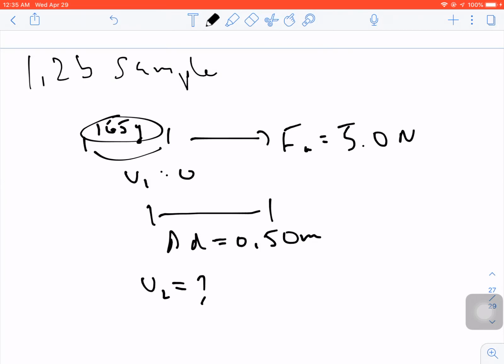So probably you could look at this and try to come up with a number of different ways. But what I'm seeing here is an applied force, and I've got a distance that's going to be traveled.